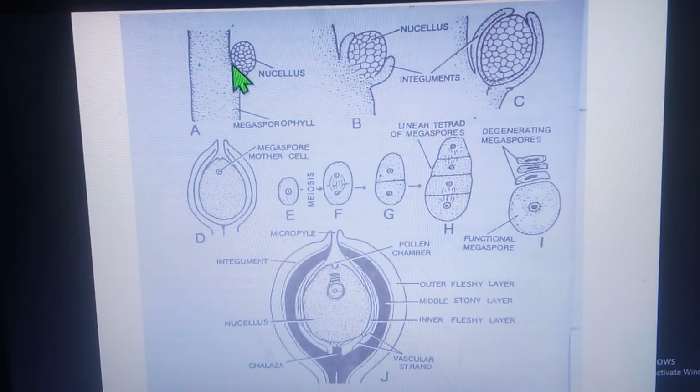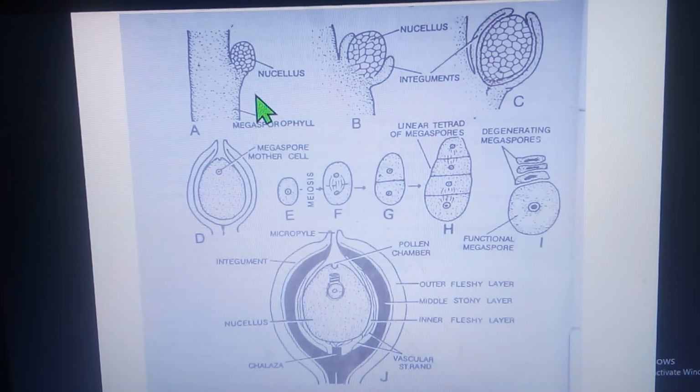The nucellus is the central part of the ovule containing the embryo sac. It starts to form by the division of the hypodermal initial cells.